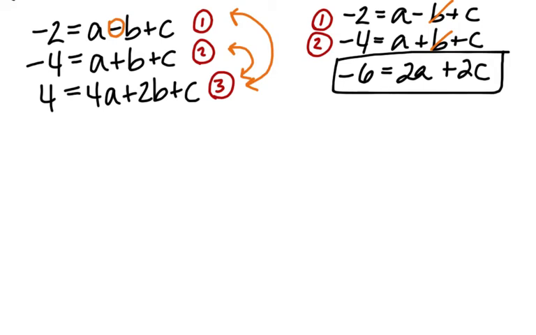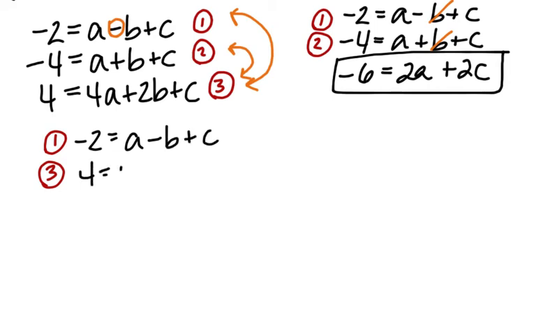So if you take a look at equation 1 with equation 3, we have negative 2 equals a minus b plus c, and 4 is equal to 4a plus 2b plus c.